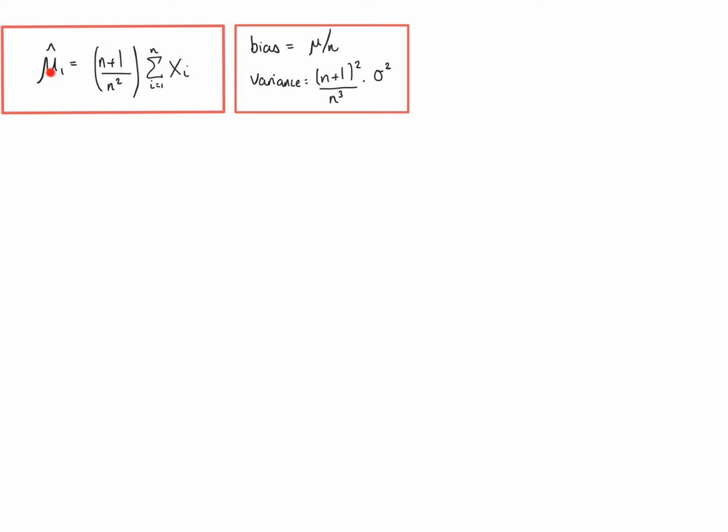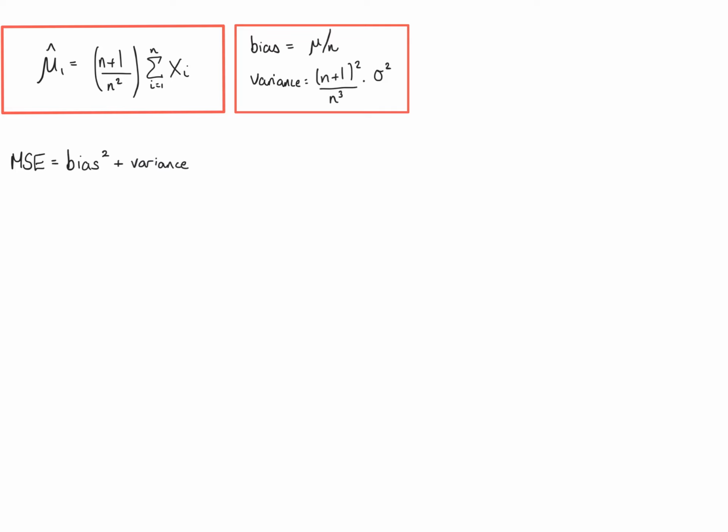Does the estimator mu1 hat converge towards the true population parameter mu? And we can analyze that by looking at the mean square error. The mean square error provides us with a measure of the average magnitude of the error of the estimator. And it's defined as the square of the bias plus the variance.